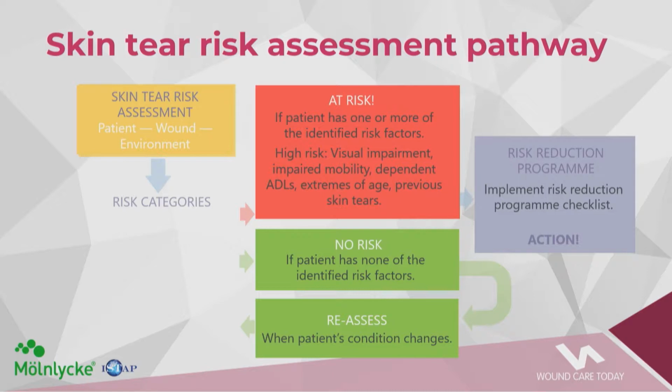What they advise us then, once we've established risk, is to implement a risk reduction programme. Because again, if we know someone's at risk, we are obliged to do something about that to reduce that risk. And within the document, there is an implementation risk reduction programme checklist, which I find is really helpful to check that I'm doing everything I possibly can to reduce an individual's risk of developing a skin tear.